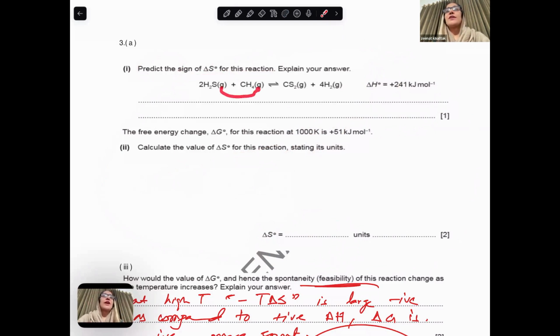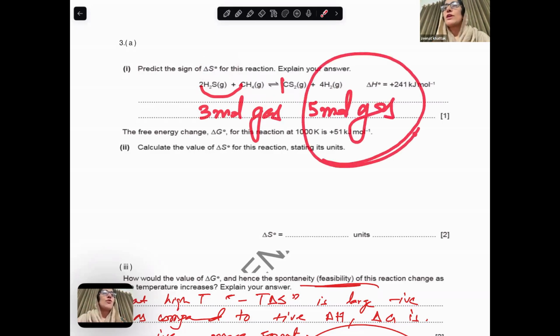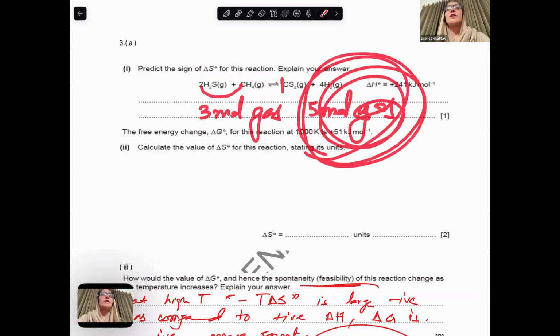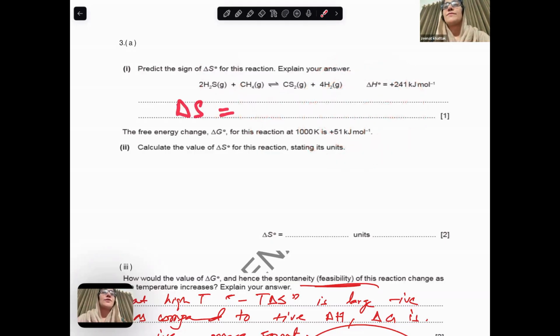The physical state, they're all same. So we can't use physical state to find the delta S. So what am I supposed to do? I will count the moles. 2 and 1, 3 mole gas making 5 mole gas. This is more chaos, more disorder, the delta S is positive because of more moles of gas.